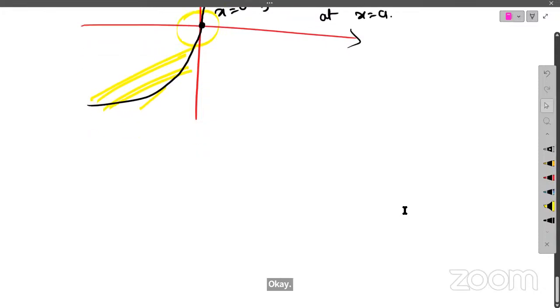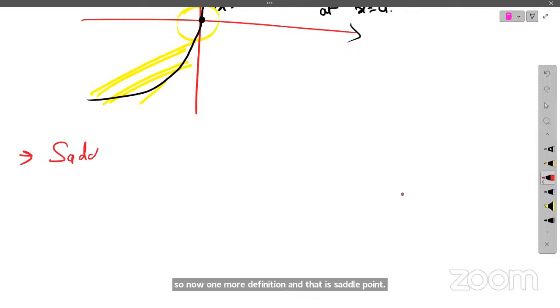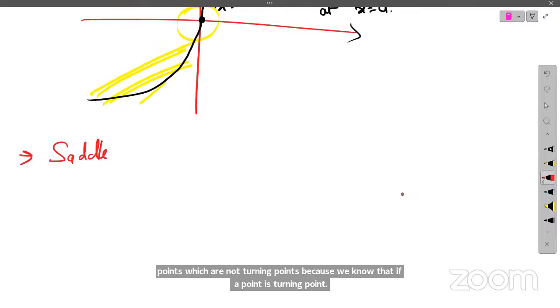Okay, so now one more definition, that is the saddle point. What are saddle points? Saddle points are those critical points where the function is neither taking a maximum value nor a minimum value. You can say that saddle points are all those critical points which are not turning points, because if a point is a turning point, then it can be either maxima or minima.